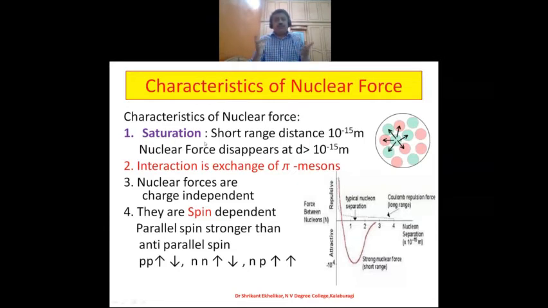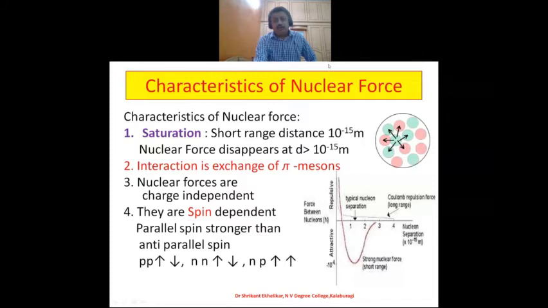It is repulsive between like charges and attractive between unlike charges, that is, positive and positive there will be repulsion, negative and positive there will be attraction. Whereas nuclear force is always attractive, whether it is between two protons which are positively charged, or between two neutrons, or a proton and a neutron, and they must be strong so that they should hold all the nucleons of a nucleus together.